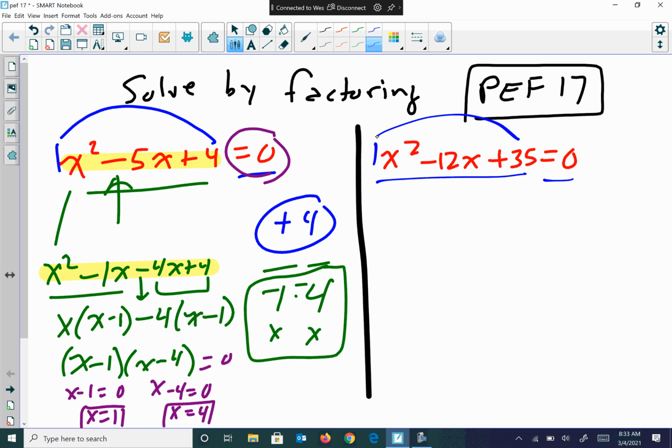I'm going to go 35 times 1, and I'm going to get a positive 35. In order to get a positive 35, I need either positive, positive, or negative, negative. But that negative on the 12 means they're both negative. So what two items will multiply to positive 35, but add to negative 12, both being negative?